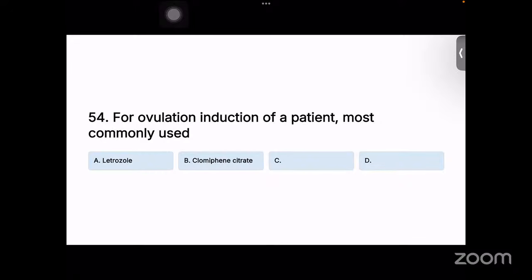Both A and B are used, but nowadays the recent guidelines favor letrozole over clomiphene. But if you are asking the most commonly used one in the books, it is clomiphene citrate. So if you are going by the books, clomiphene citrate could be the right answer.